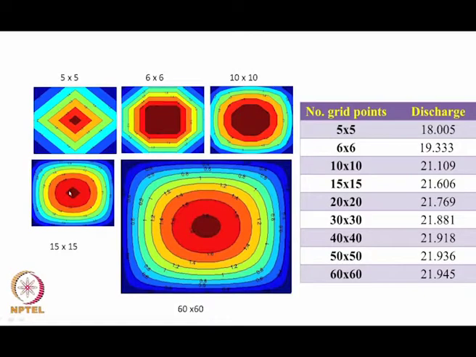The velocity value here is given in terms of color coding, with the different color contour values given here, and the contours obtained with 60 by 60 divisions are shown here, and you can see that it's a very reasonable looking velocity profile. In the center we have the highest velocity, and then as we go towards the edges, we have lower and lower velocity, and this is what we precisely expect.